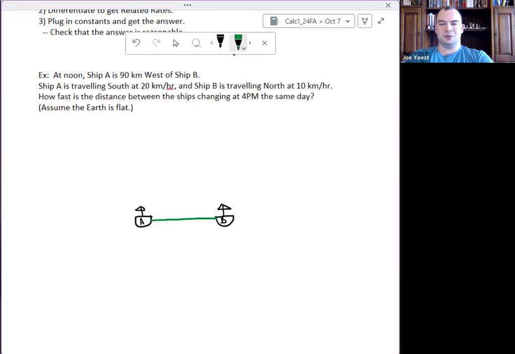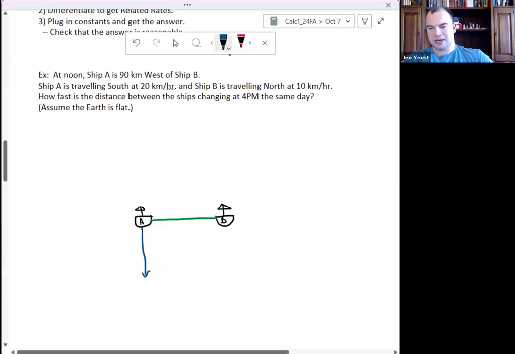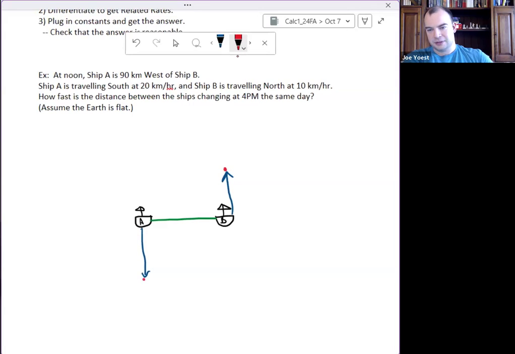Ship A is 90 kilometers west of ship B. Ship A is traveling south, and ship B is traveling north. Maybe I'll keep that blue. And I see that there's a distance between the two ships at any given time.